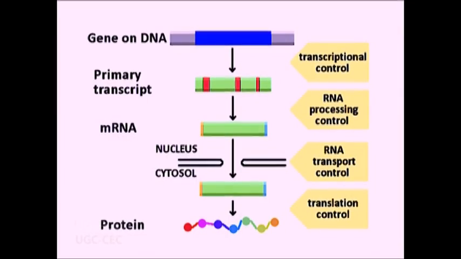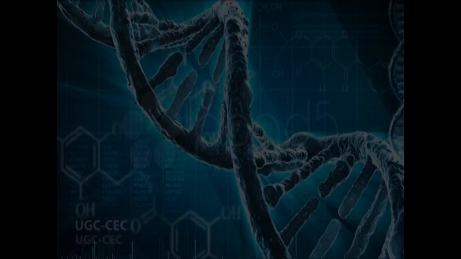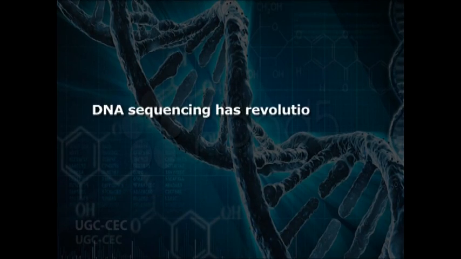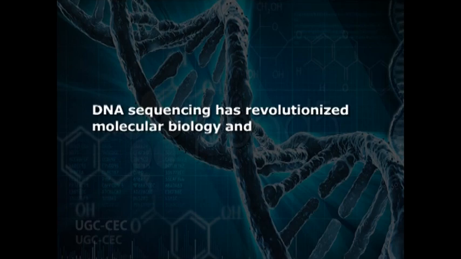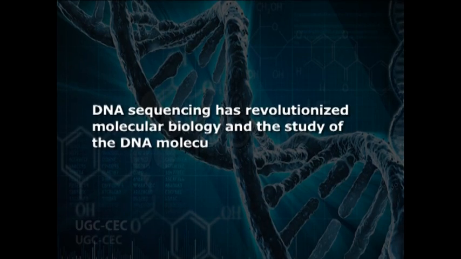In the analysis of eukaryotic genes, sequencing has enabled scientists to identify sequences and determine the importance and functions of various sequences in both regulatory and structural regions of a gene. Furthermore, a molecular biologist can utilize sequencing to identify the site of a point mutation. DNA sequencing has revolutionized molecular biology and the study of the DNA molecule.